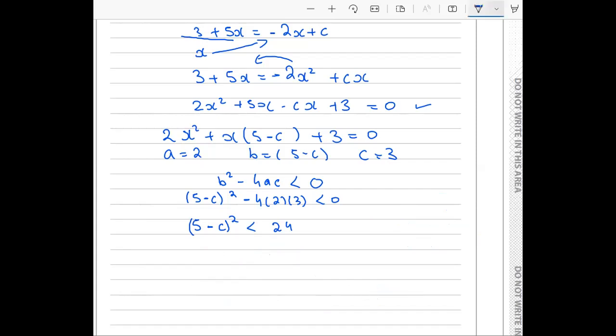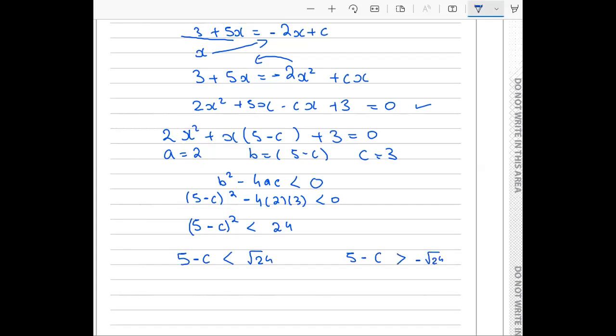5 minus c is less than under root 24, and 5 minus c is greater than minus under root 24.